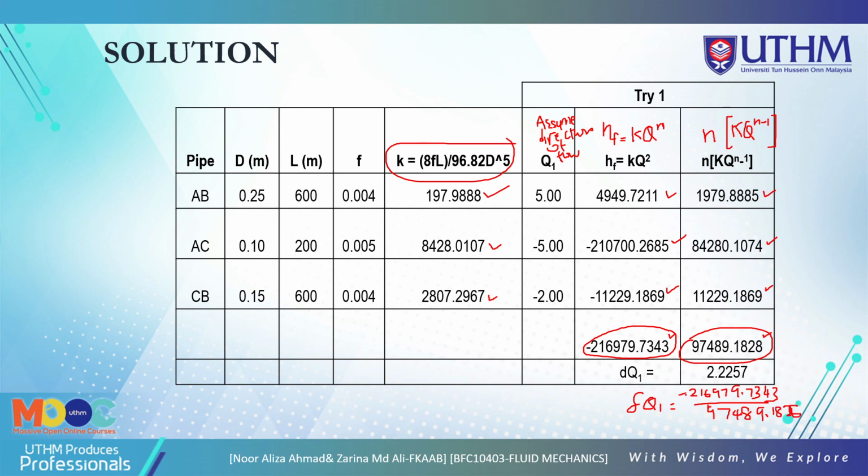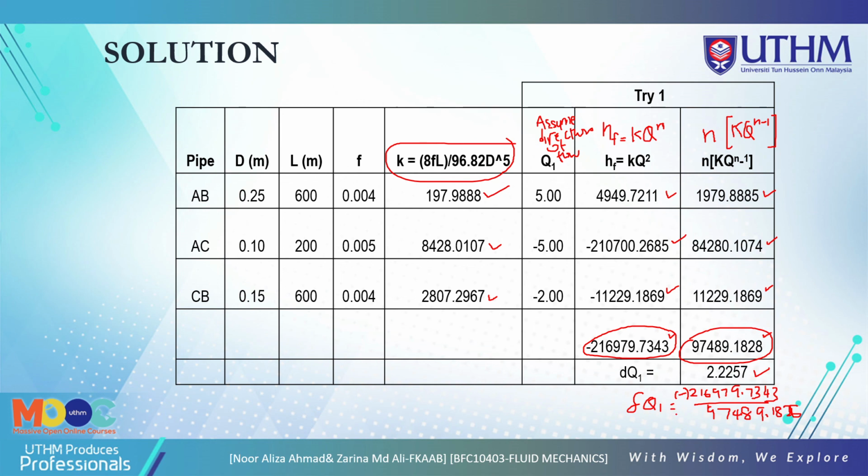Actually, the negative is the direction of flow, so don't worry about this direction. So you get delta Q1 is 2.2257. The negative is just for the direction of the flow.